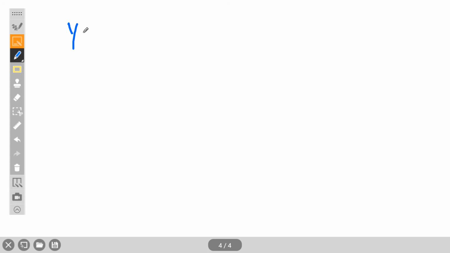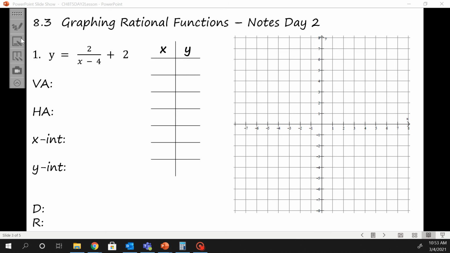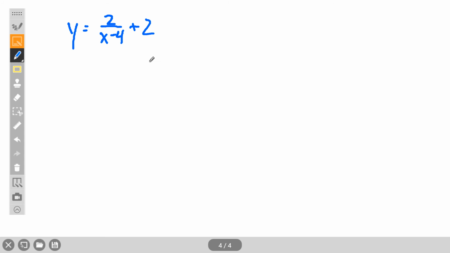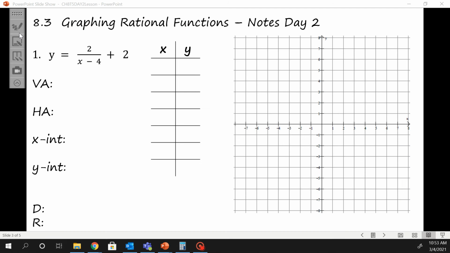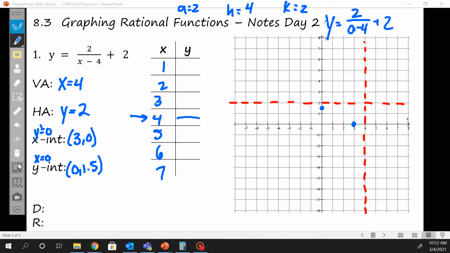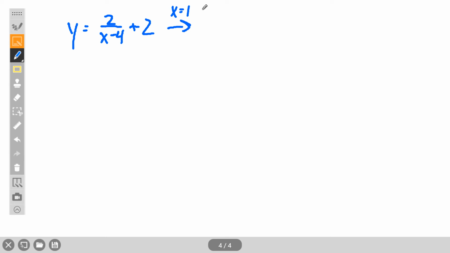Okay, so we have our equation, y is equal to 2 over x minus 4 plus 2. And we're first going to plug in 1. So x equals 1. We get y is equal to 2 over 1 minus 4 plus 2. So that's 2 over negative 3.